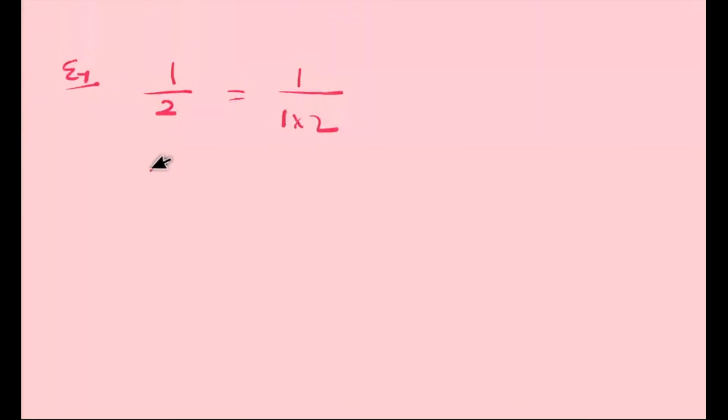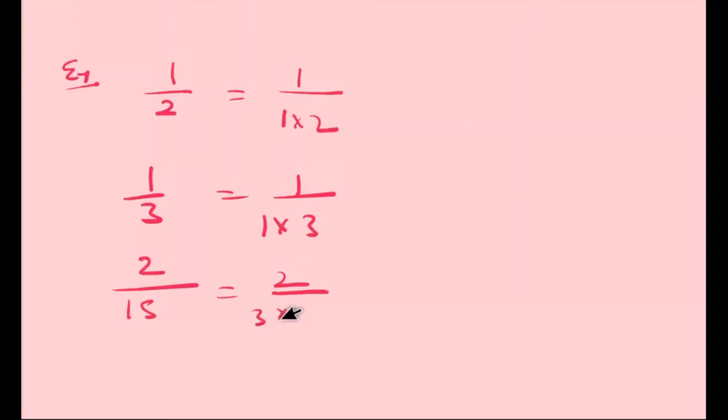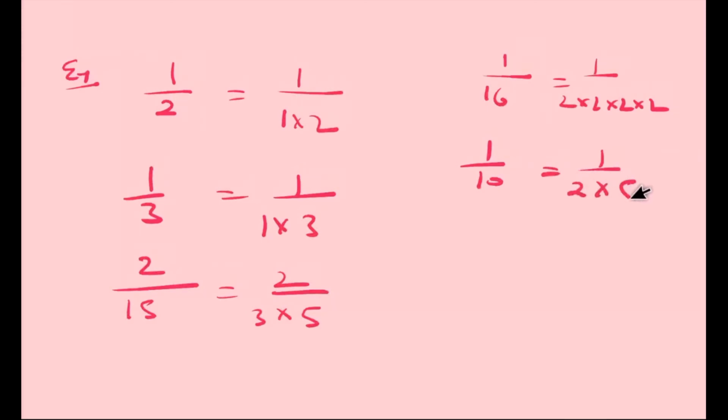Now if 1/3 is given, the factor is 3. Take 2/15: the factors are 3 and 5. Another example, 1/16, that is 2 × 2 × 2 × 2. Let 1/10, that is 2 × 5.